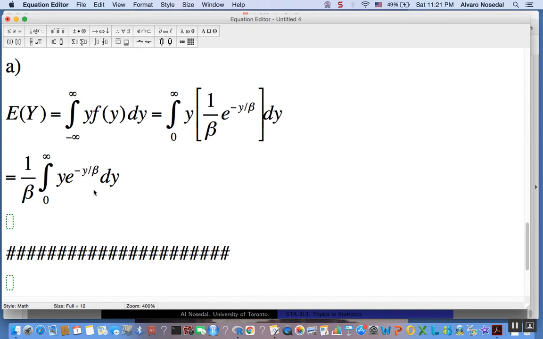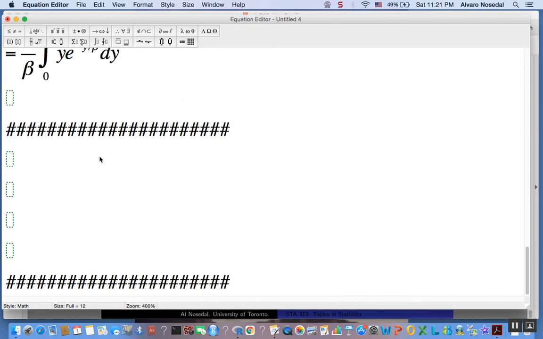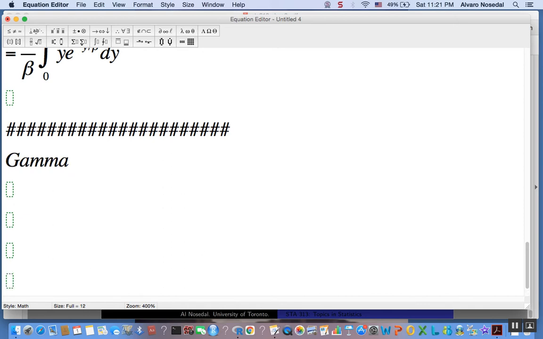What I want you to remember is a probability distribution that I'm sure you saw when you took STA313: the gamma distribution.